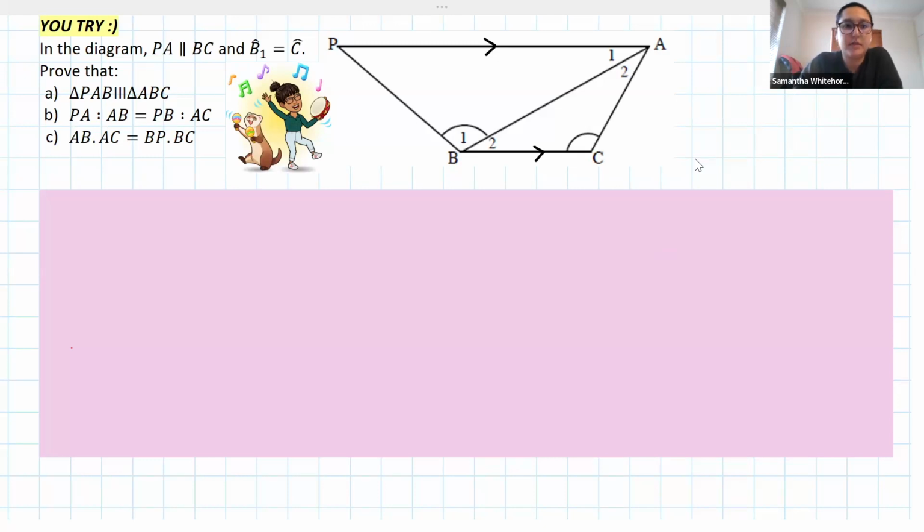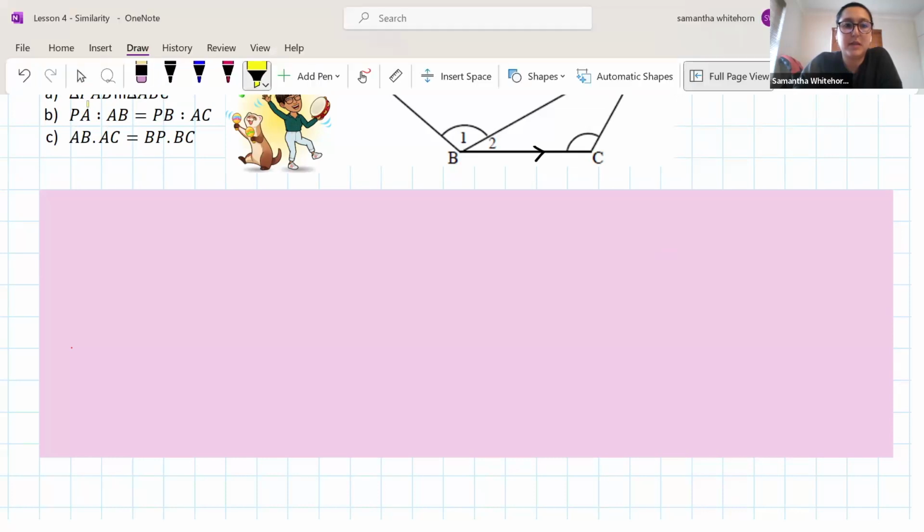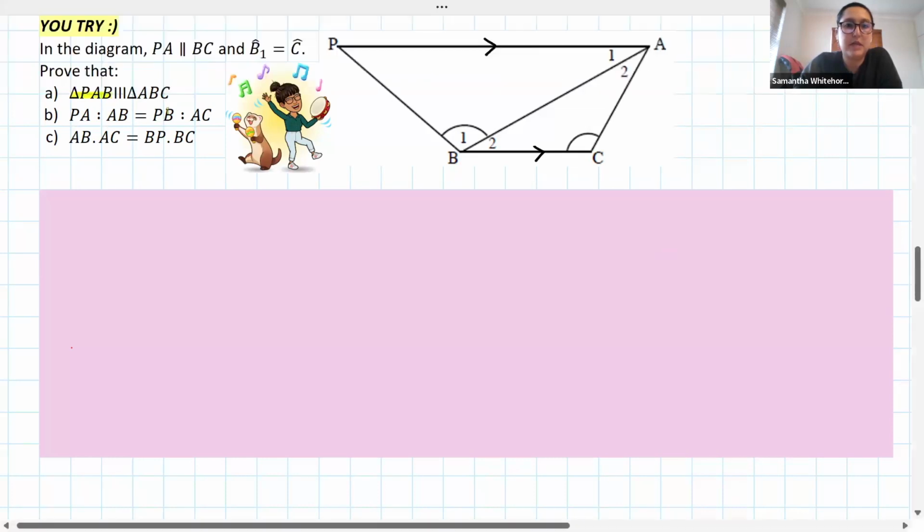So the triangles that you are wanting to prove similar is triangle PAB. So this is this triangle.